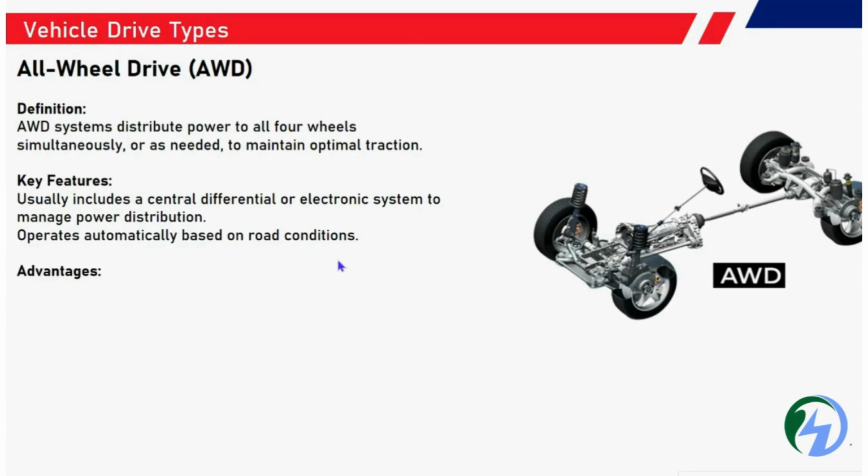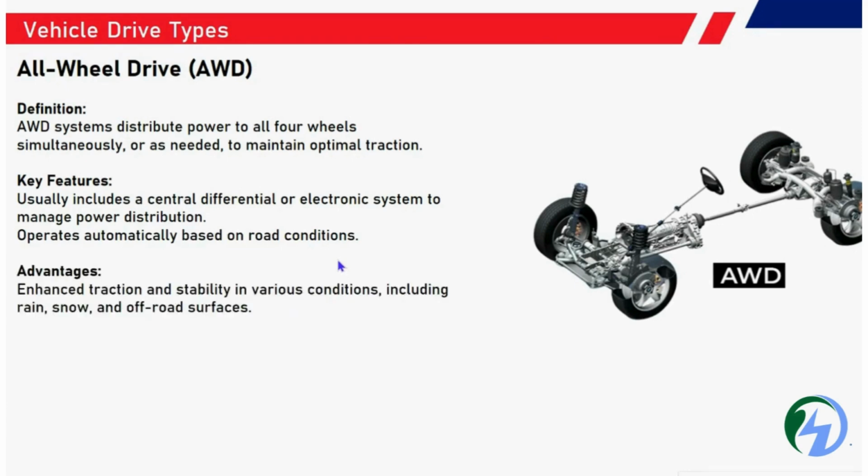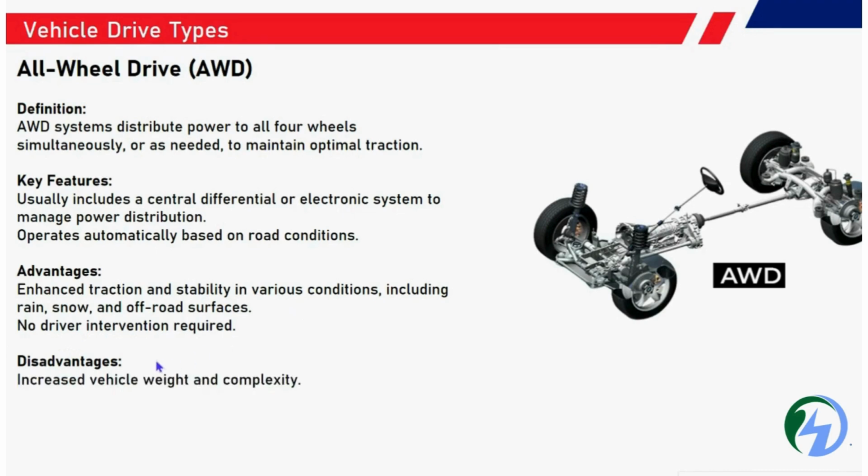Automatically, based upon the road conditions, it adjusts to enhance traction and stability in various conditions, including rain, snow and off-road surfaces. It makes driving easier, and no driver intervention is required. The disadvantages are that the weight is more, and there is complexity because power has to be delivered to all the wheels.